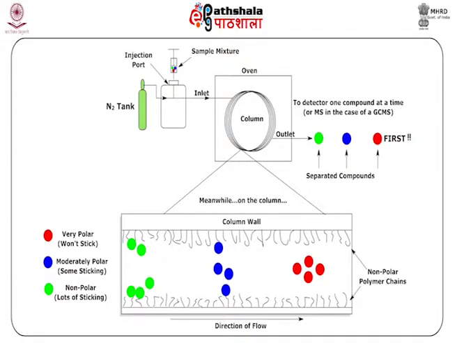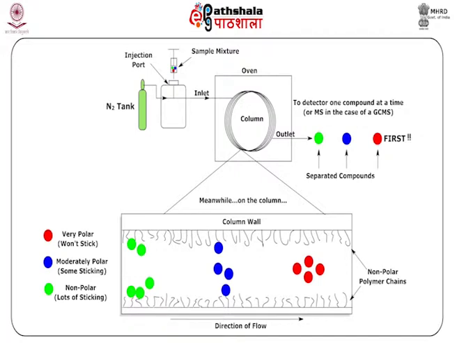This is the same sample that you have prepared via the extraction using ether, or you will use the reference sample one by one. And once you have injected it, you can see this is the circular column, and this is there inside the oven.